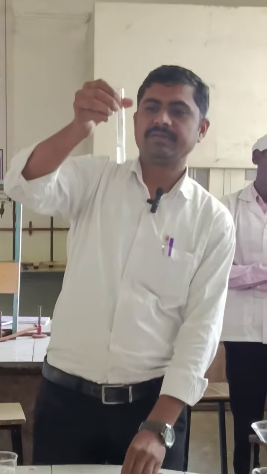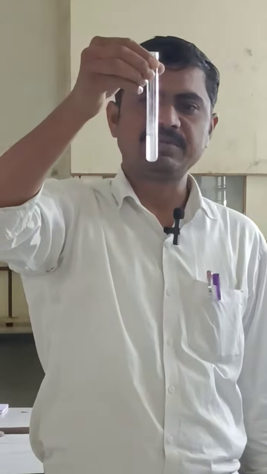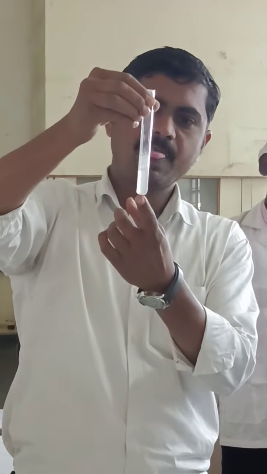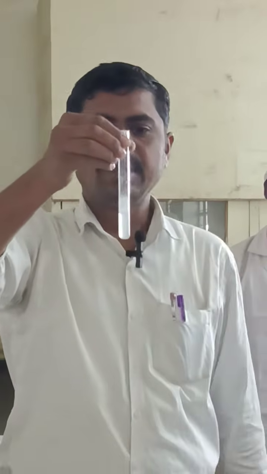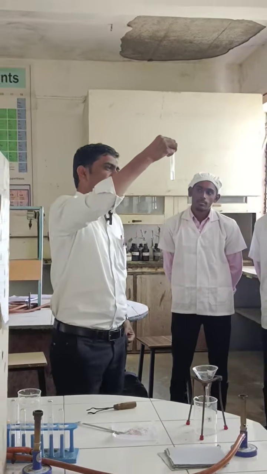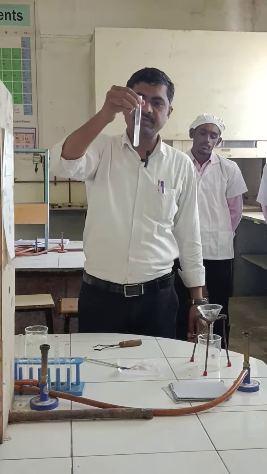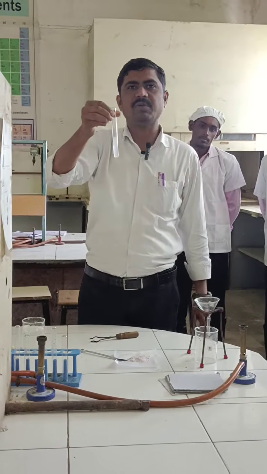This is a mixture of compounds, but you can see here there is separation of two compounds, one at the bottom and another at the top. At the bottom one compound is settled down, and at the top one white color compound is floating on the water. Both compounds, you can see here, are insoluble in water.